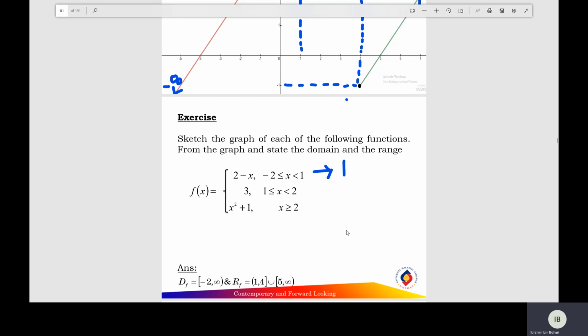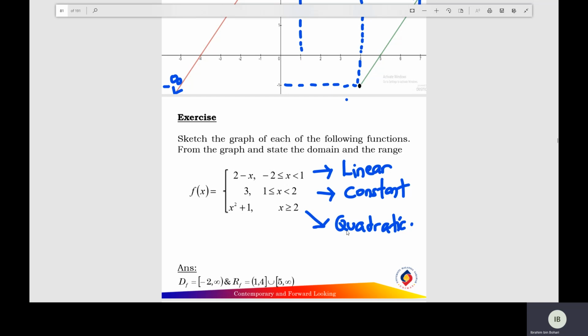So here the linear function. Three types of the function.